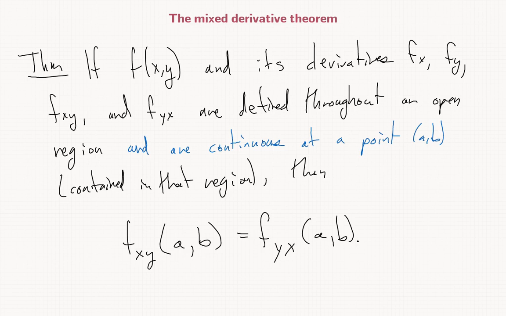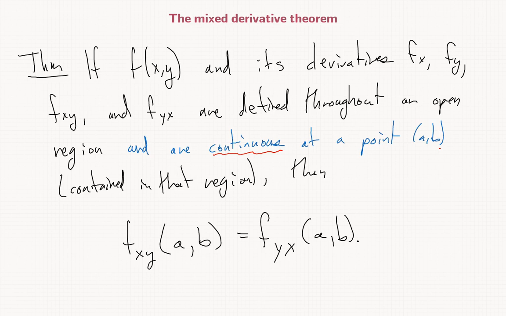There are counterexamples to this where if the derivatives are discontinuous at this point, then you can get different answers depending on the order you take the derivatives in. There are examples of that in the textbook, but this is sort of pathological behavior. In most of the cases that we're interested in, you can take the derivatives in any order and you'll get the same result.